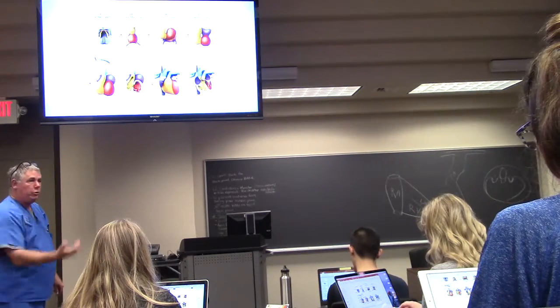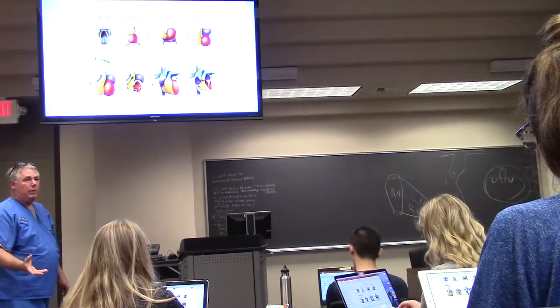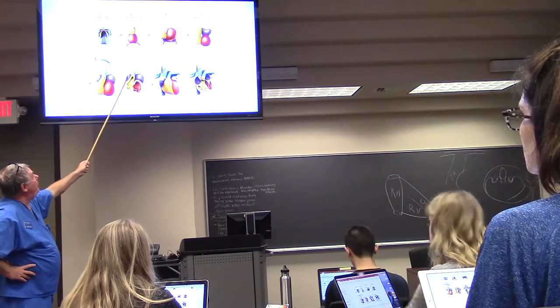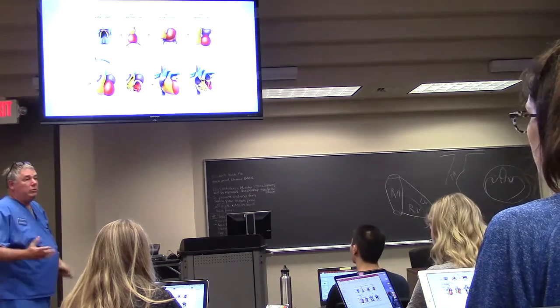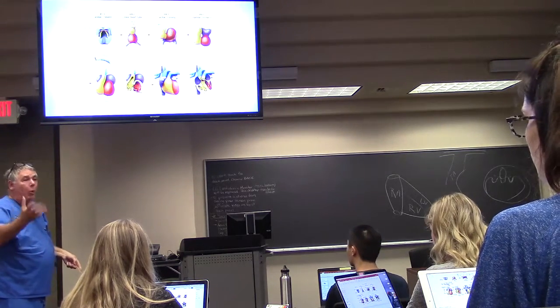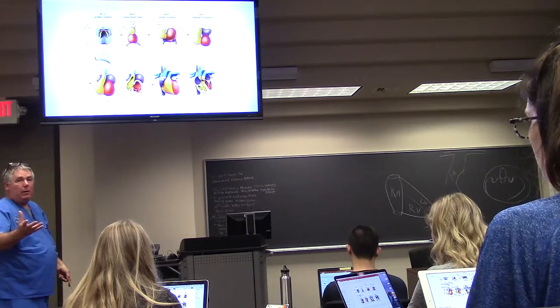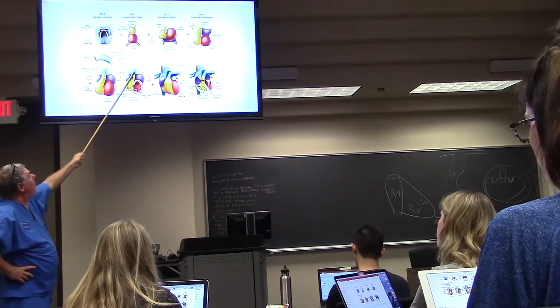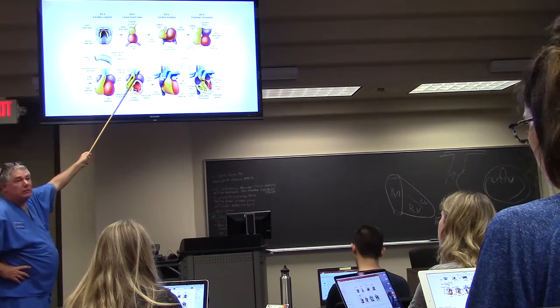It's just a twisted tube. So if we were to open up the atria here, what we would see would be an open tube. The atria feed directly into the ventricles, which feed out through the aortic arches.